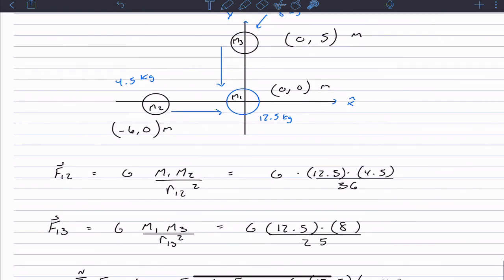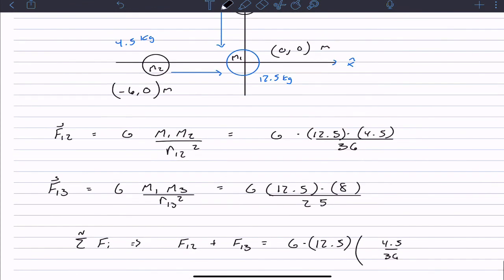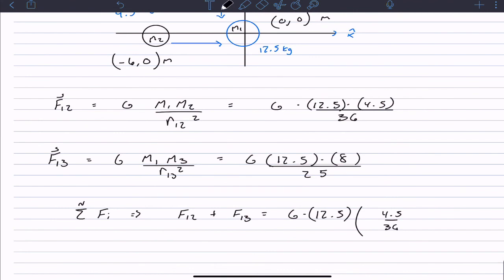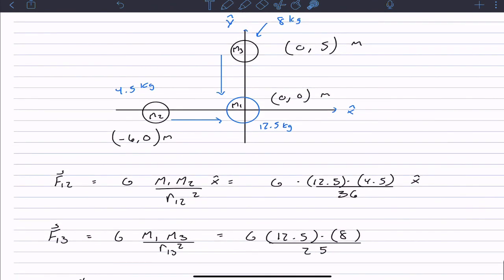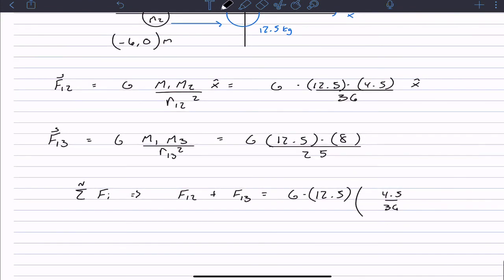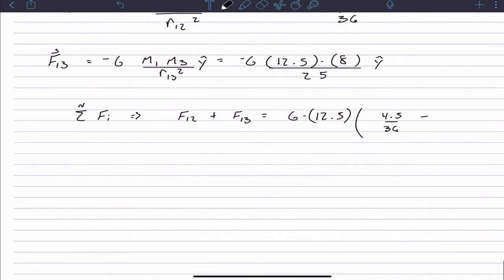Since this is more massive than this one, the gravitational force is pulling this way in the positive x direction. I should have written that down here. And the other one, this is more massive than this one, so it's pulling down in the negative y hat direction. So again, I should have written negative y hat here. Now we have 8 over 25. This is x hat, and this is y hat.